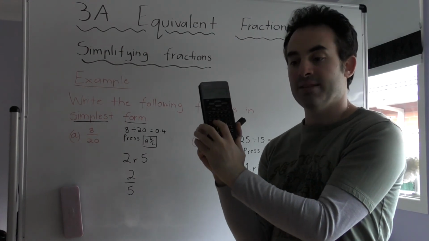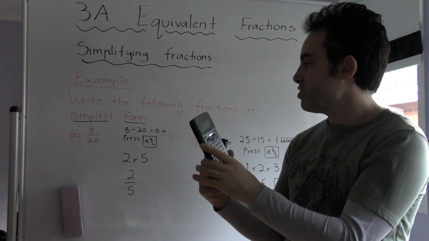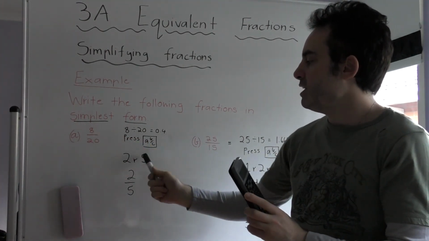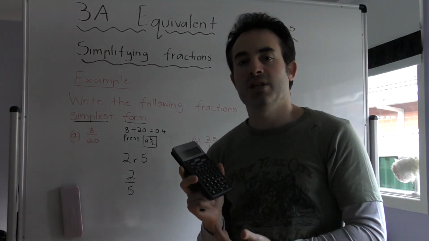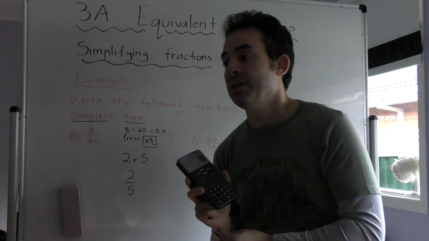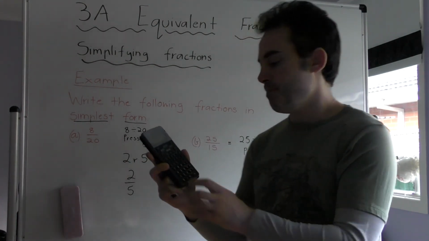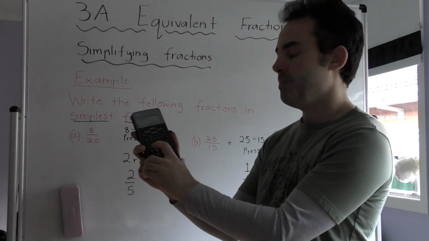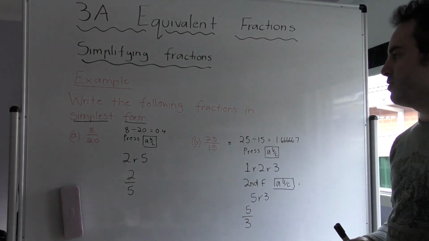If it's not an improper fraction and it's just a normal fraction like this one, it will only give you 2 numbers. If it only gives you 2 numbers, that means it's written in the correct form. If it gives you 3 numbers, it means it's given it to you as a mixed number. Then to get it back into an improper fraction, you just press the second button and then the ABC button again, and it will give it to you as an improper fraction.